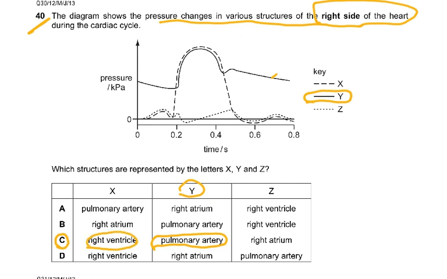So X was this one. That was the left ventricle in the other diagram. And then Z is the right atrium. If you know this graph, I'm sure you can do this, but you have to see the labeling on the left side and then again on the right side.